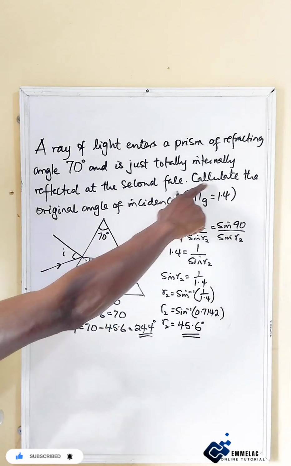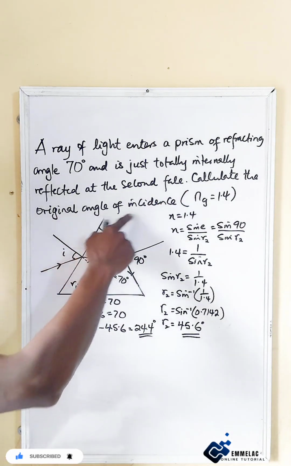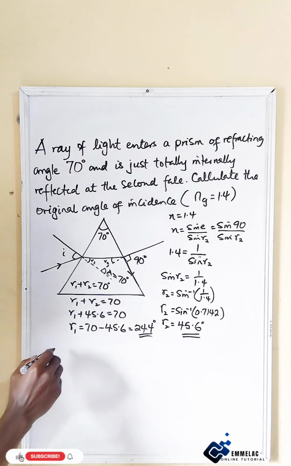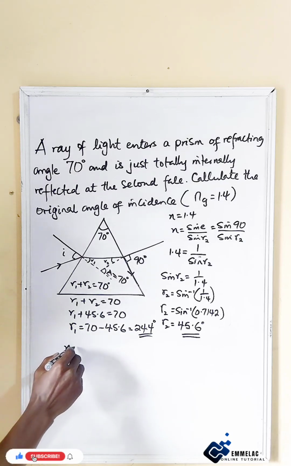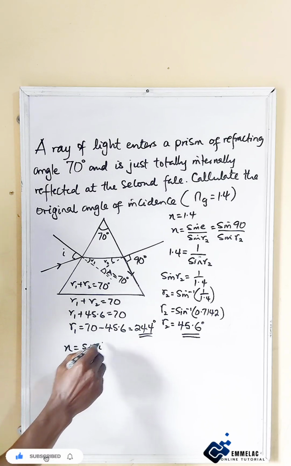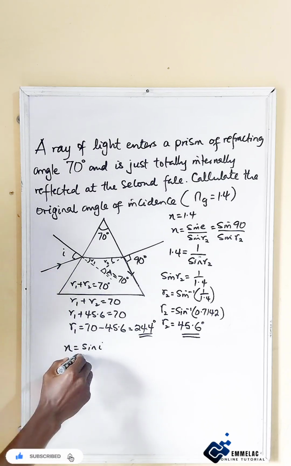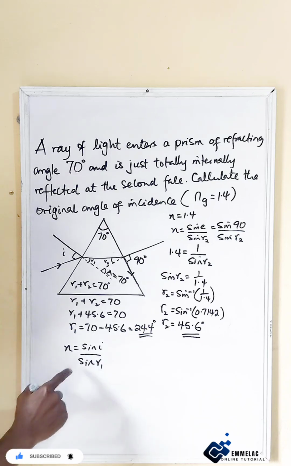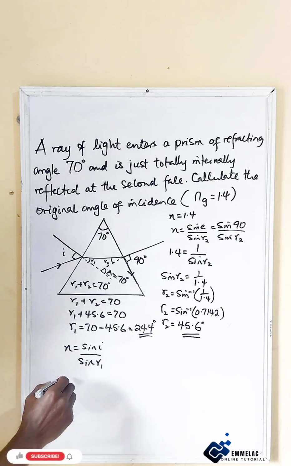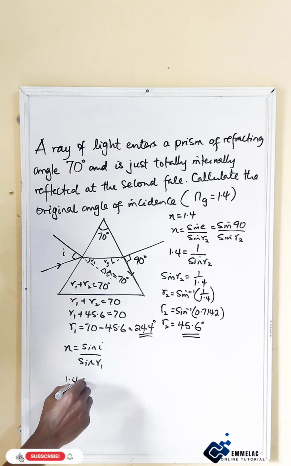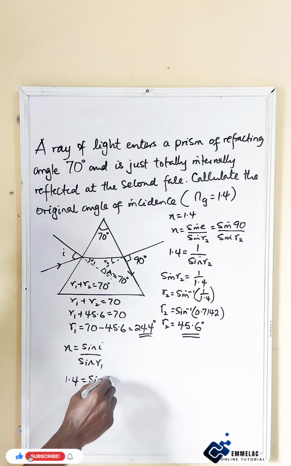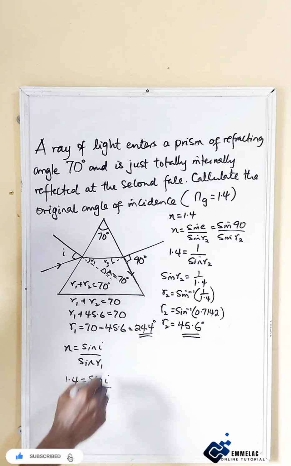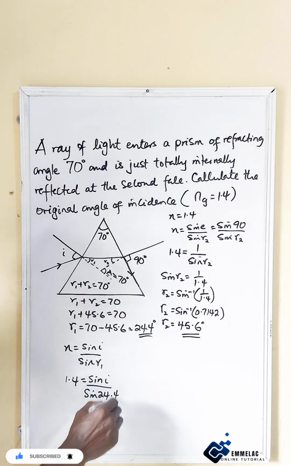Now take note, we are to calculate the original angle of incidence. Let us come back to n equals sine I over sine R1, where n, the relative index of the glass or prism, is 1.4. So 1.4 equals sine I over sine 24.4.